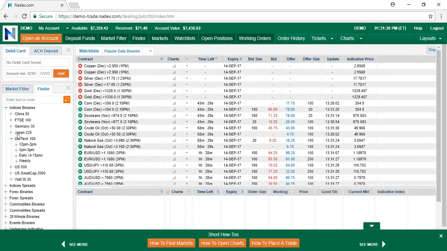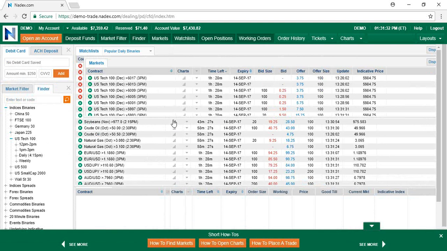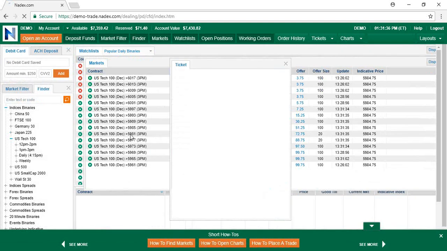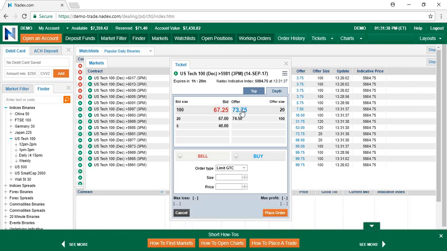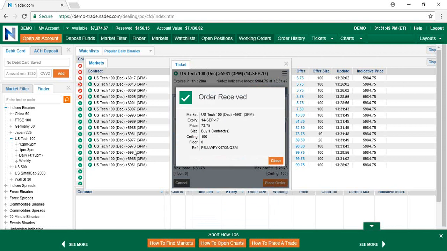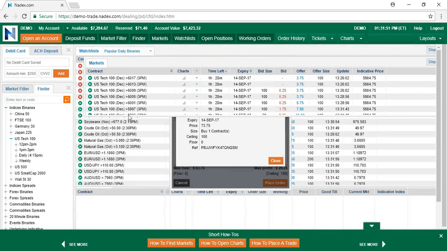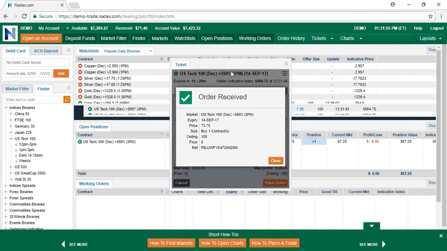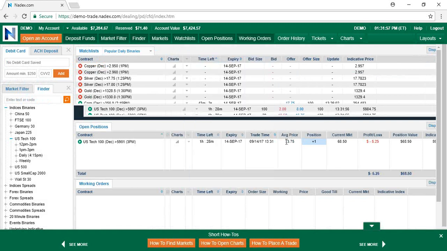Let's say that I had bought, as an example, this one right here. All right. And what is my risk here? Let's look. How much did I buy this binary for? I bought it for $73.75.